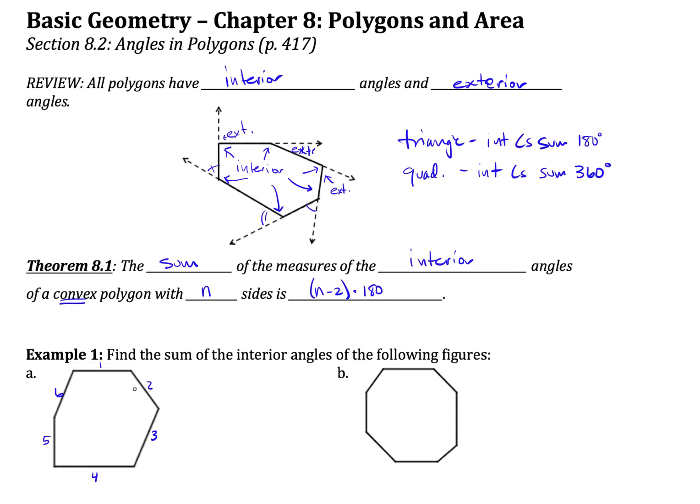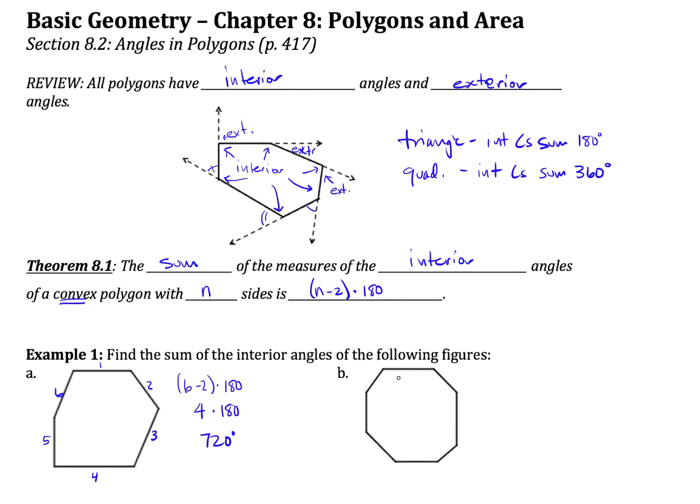So if I want to know how many degrees all these interior angles add up to, I'm going to take 6 minus 2 and multiply that times 180. 6 minus 2 is 4. So I'm doing 4 times 180, and 4 times 180 should give me 720. So the sum of these angles on the inside of this hexagon will be 720 degrees.